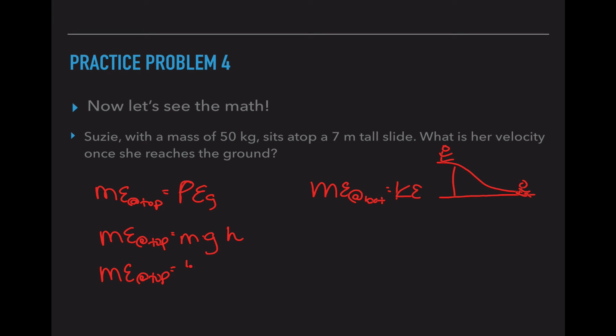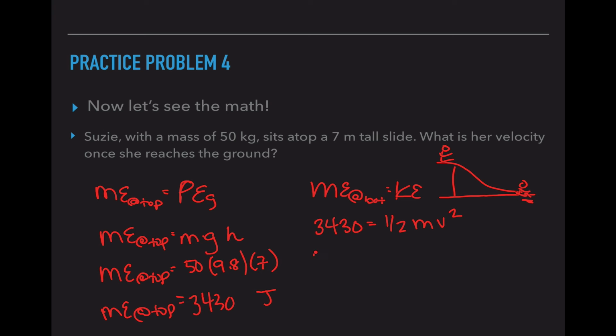The mass is 50, gravity is 9.8, and height is 7. The mechanical energy at the top is 3,430 joules. So the mechanical energy at the bottom must be the same total. So 3,430 joules is equal to 1/2 mv squared.